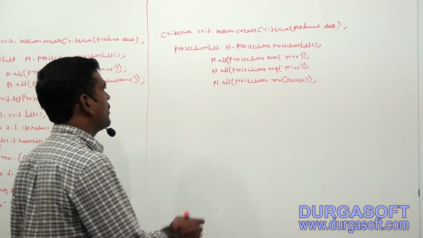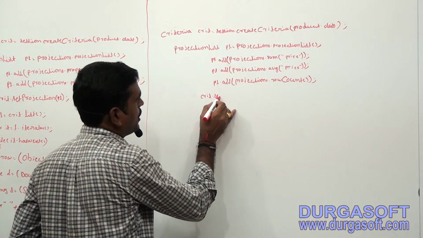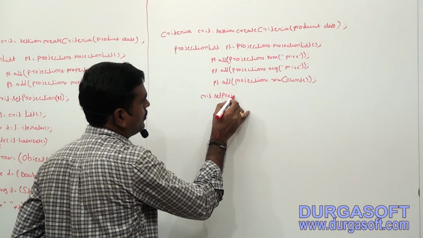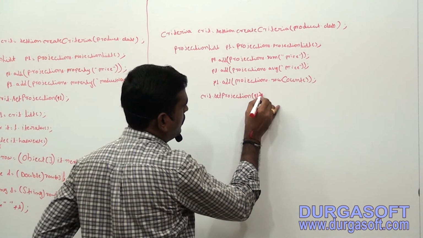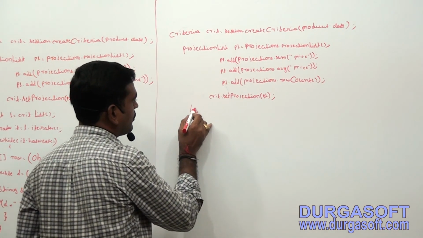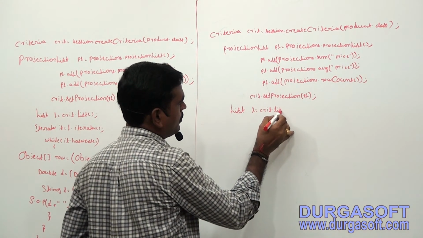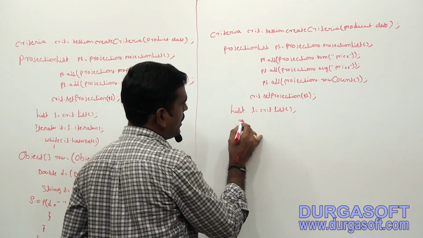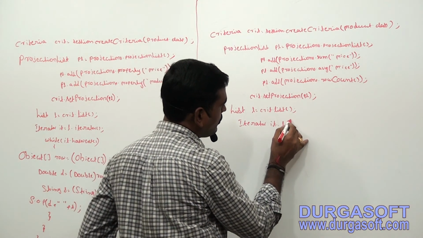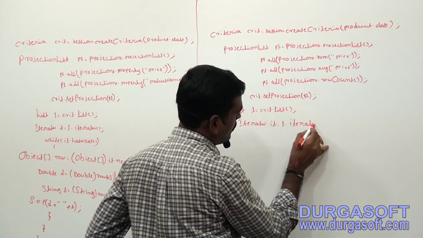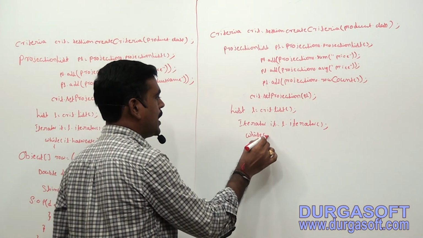The next option here, we can add once again: criteria dot setProjection, under that PL. The next, list l is equal to criteria dot list. The next, iterator l dot iterator, while it dot hasNext.